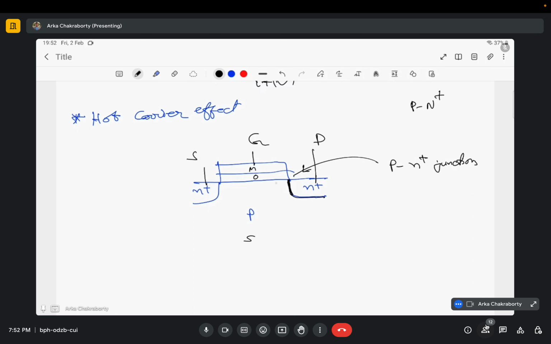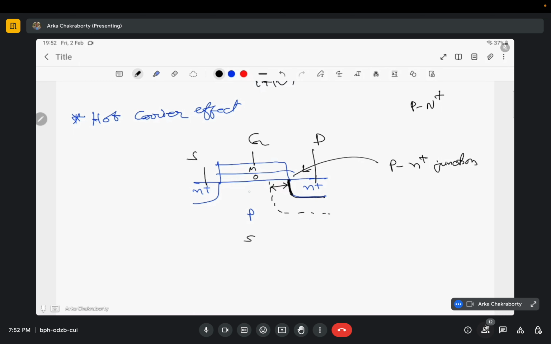Sure, P. So basically here I'll have some kind of space charge region. If you remember avalanche breakdown or Zener breakdown, when the electric field becomes very high, in reverse bias the electric field generally becomes very high. So the electric field in this region is very high.